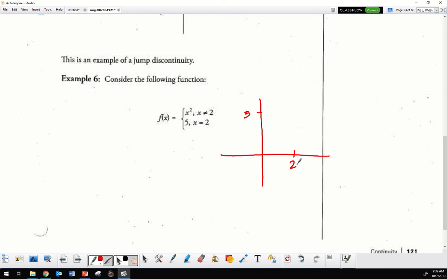That means at 2, this is a solid dot right there. But everywhere else, it's going to be x squared. So at 2, that would be 4. So it would look like this. Right there. So there is a hole in my track right here.